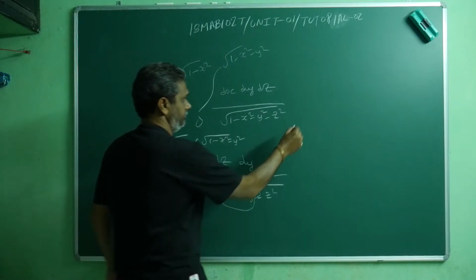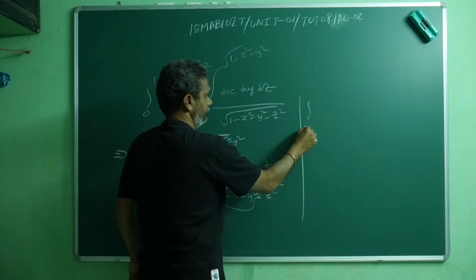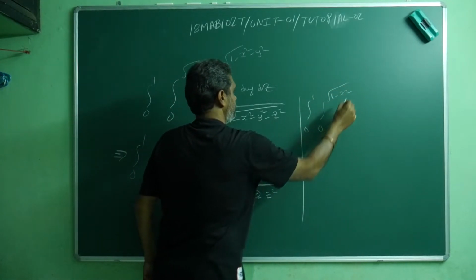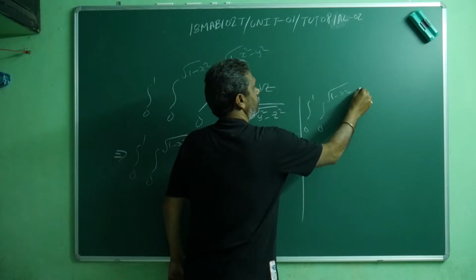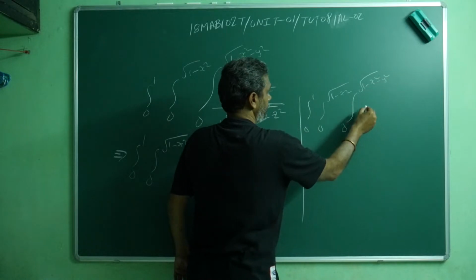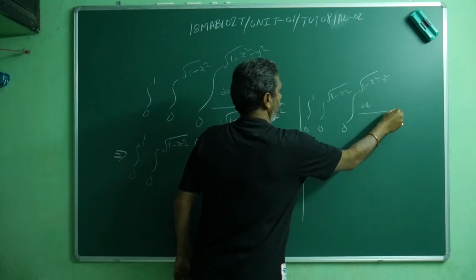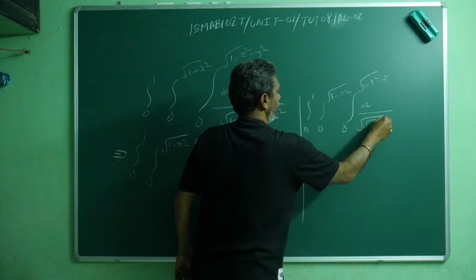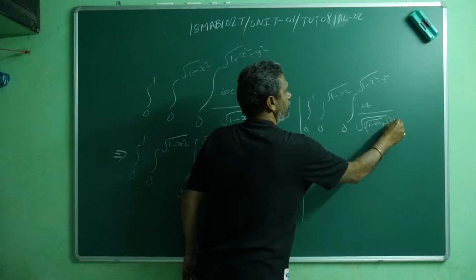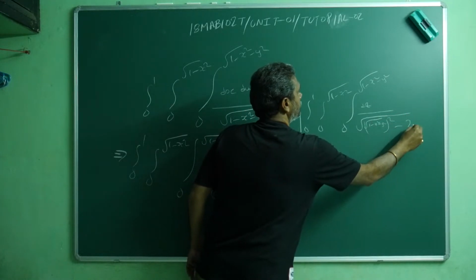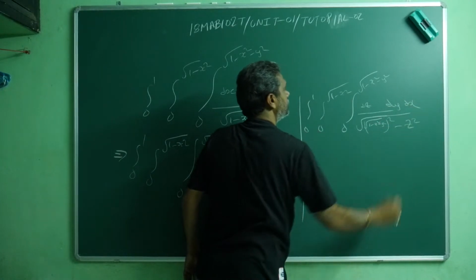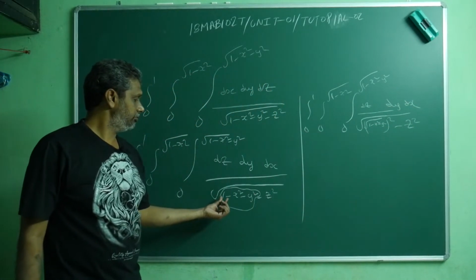So I will write 0 to 1, 0 to root of 1 minus x square, 0 to root of 1 minus x square minus y square, dz by root of 1 minus x square minus y square minus z square dy dx.